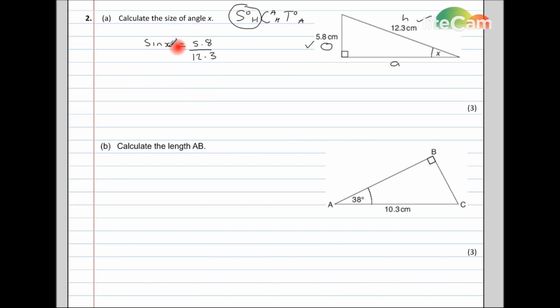Okay, we want to get x on its own, so we need to remove this sine here. And to do that, we need to do the opposite of sine, or the inverse, which we write as sine minus 1. So we're going to do sine minus 1 of 5.8 over 12.3.